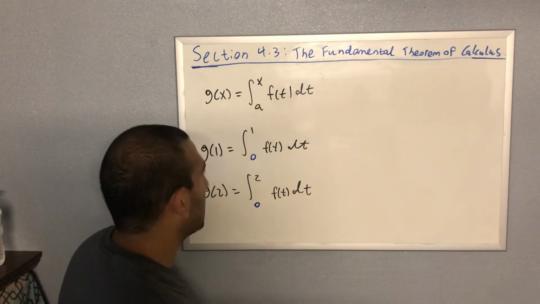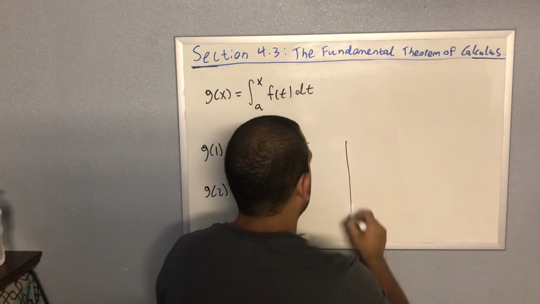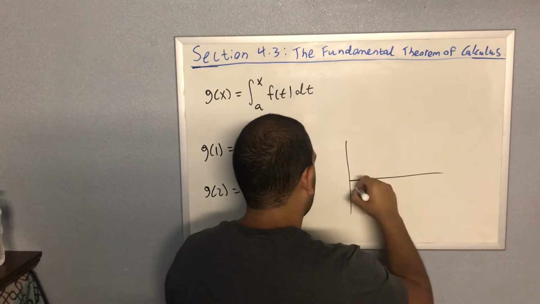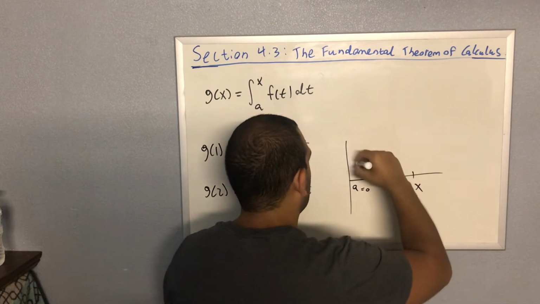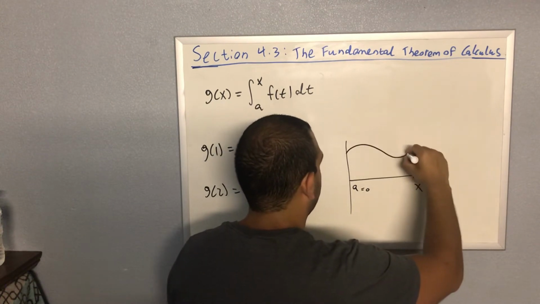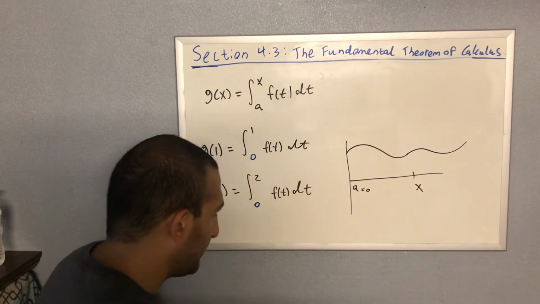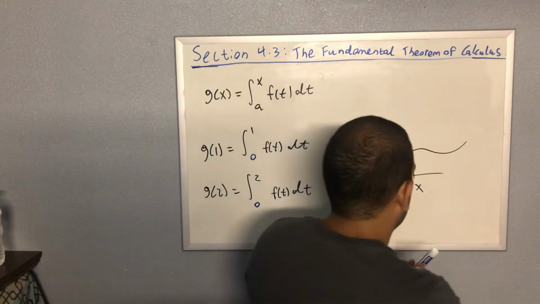What is this function telling us then? Well, the function is gradually telling us the area from a, or 0, so in general this is a, all the way up to some point x. So let's say you have a function f that looks like this. Then this is your function f of x.